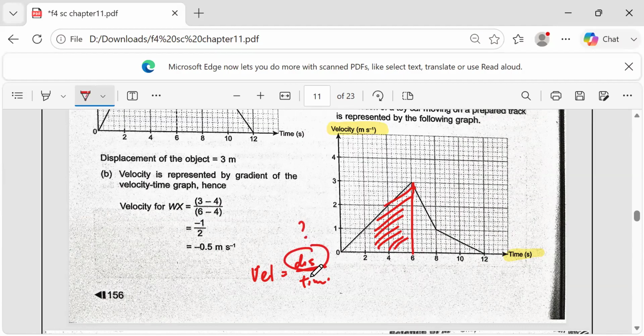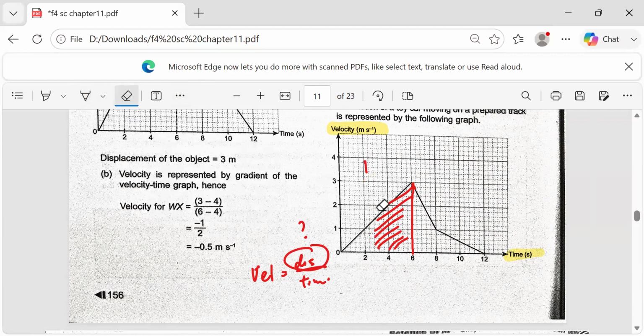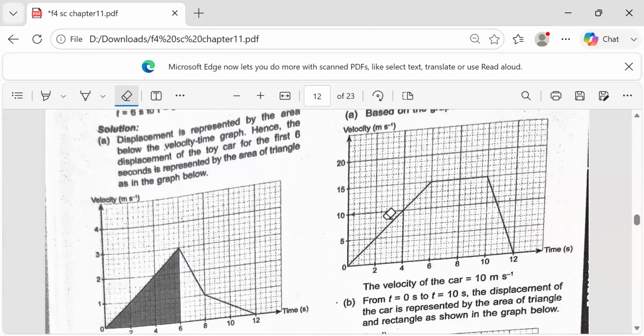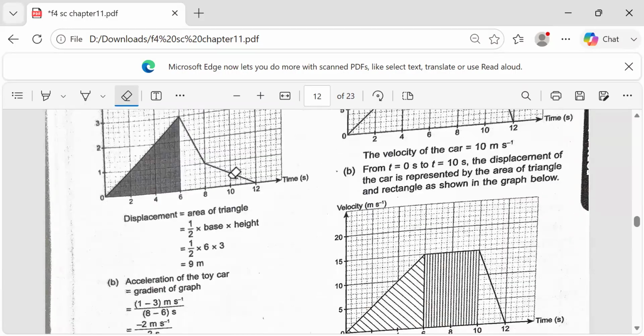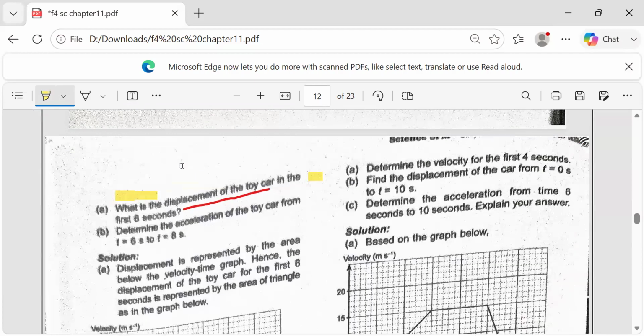So you just take velocity multiply time. So it's 1 over 2 multiply this triangle. Okay, so it's 1 over 2, 6 multiply 3, so 9. Can you understand? Okay. B.